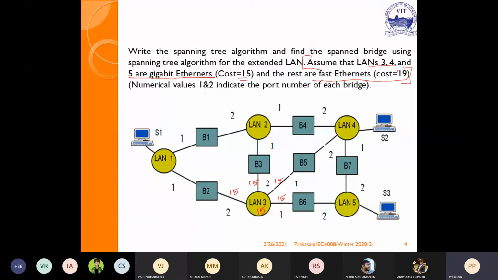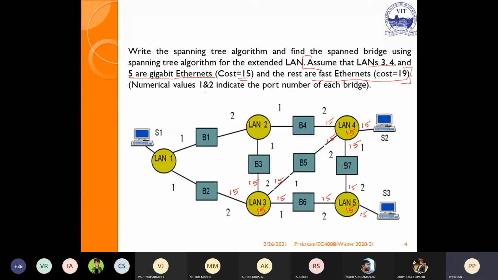Next one. Similarly, for LAN 4, the cost is 15. Where is LAN 4? That means all the links connected to the LAN have cost 15. Then LAN 5, where is LAN 5? This is also 15. So all the links connected to LAN 5 are 15. So LAN 3, LAN 4, LAN 5 costs are 15.